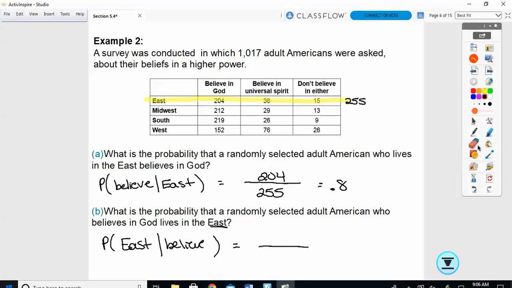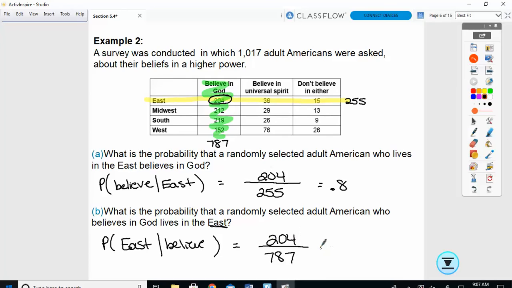Okay, so my denominator, now I am only looking at the people that said they believed in God. So my denominator, if we add all of those people up, 77. And my numerator is still out of those, the ones that were also in the East.